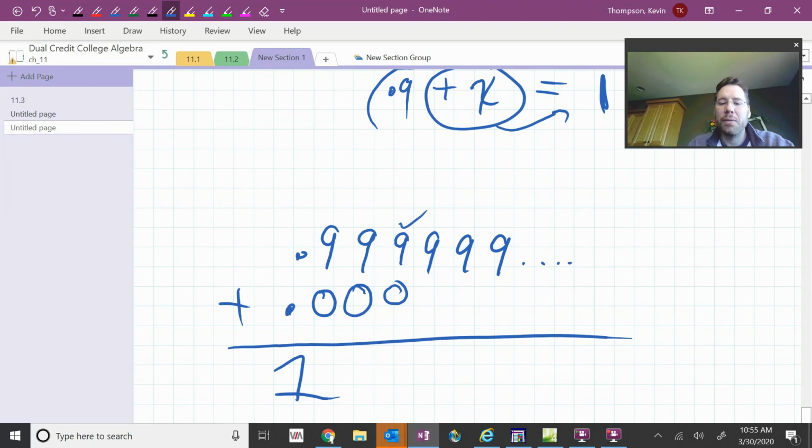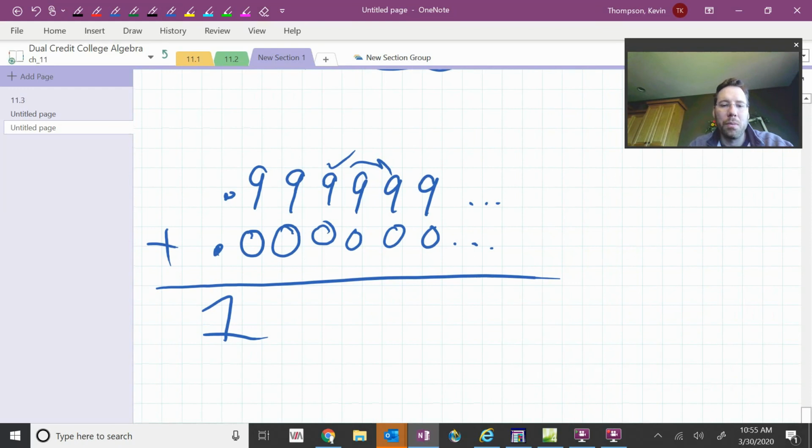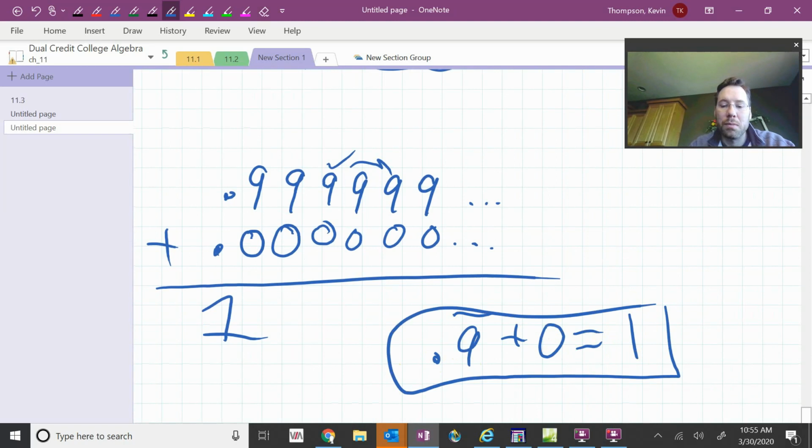Now, if my list of 9s ever stopped, then I could put a 1 there. But there's always another 9 to look to in the next digit, which means there's always another 0. So if I did that forever and ever and ever, what number did I write down? I wrote down 0. So 0.9 repeating plus 0 is 1.